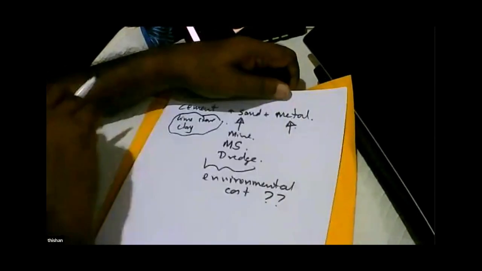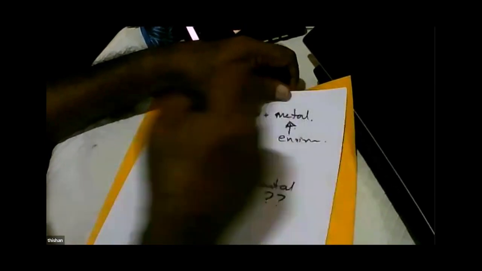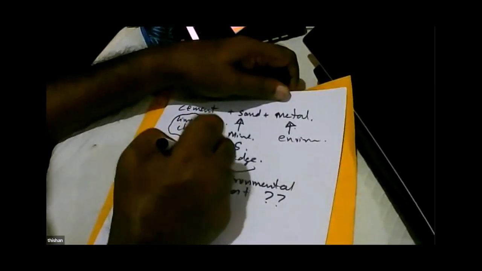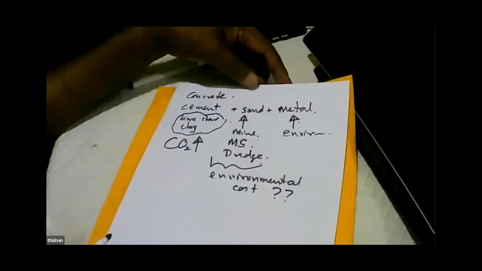No, we are not paying the environment. We crush the metal. Fortunately, this rock is available all over Sri Lanka, so we can crush it. We can never end it. It may have some environmental cost. Are we paying? Cement gives out carbon dioxide, so it has an environmental cost.